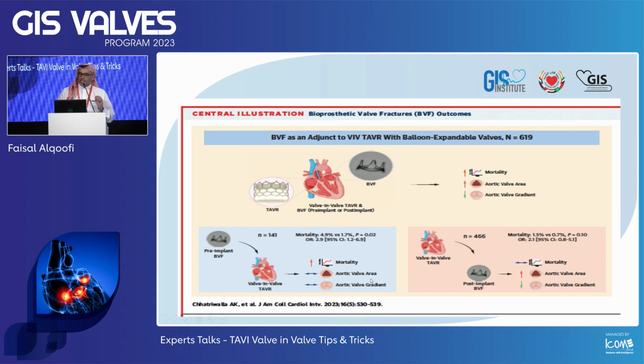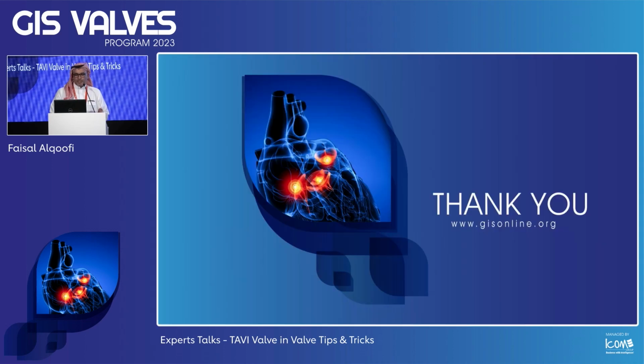Clearly, if you fracture after, you had no change in mortality, a bigger valve area and a lower gradient, compared to fracturing before you deploy the valve, which has been associated with higher mortality. So this information now available tells us that on the old question of before versus after, if you could achieve fracture post TAVI, it will probably carry less mortality.